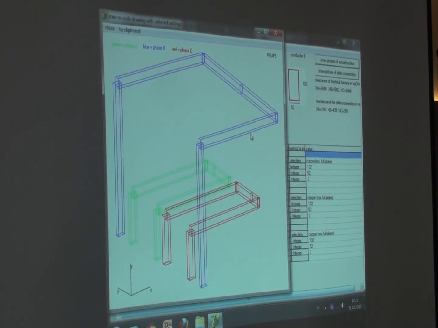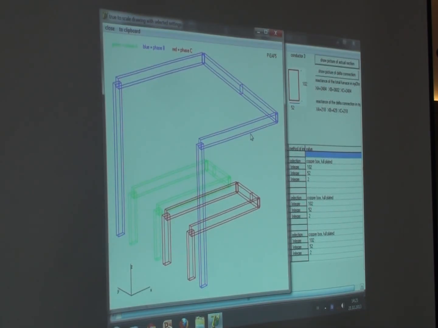This is also important for people who are constructing transformers. Because many transformers make this inside the transformer. And sometimes you must calculate this connection outside the transformer if you have a cheap transformer or an older transformer.